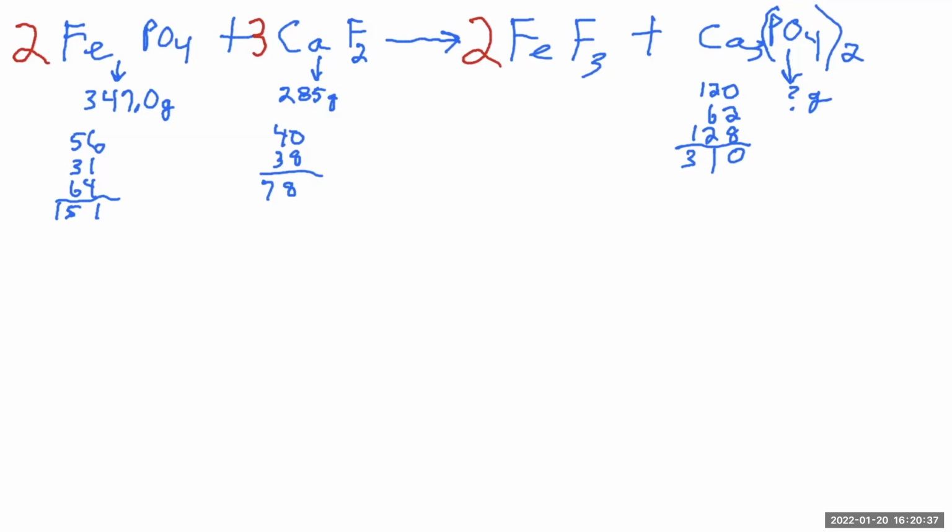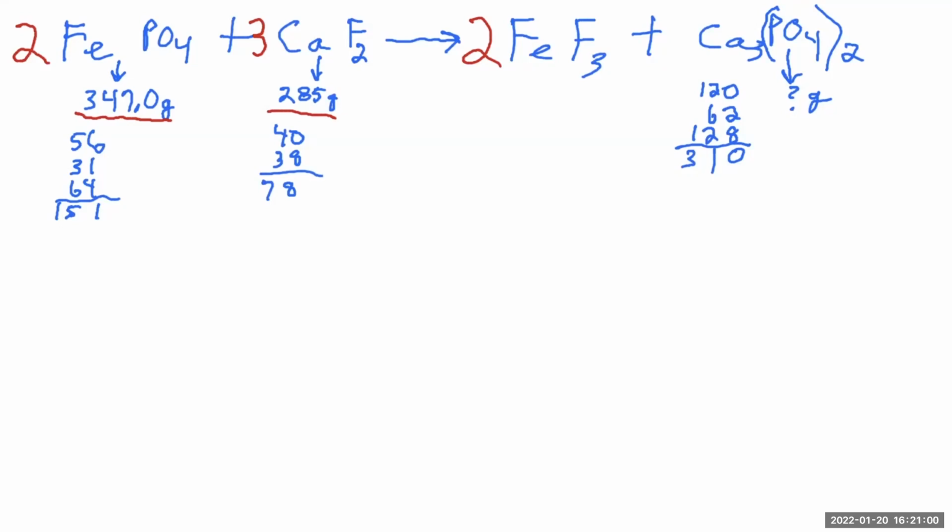Okay, any questions so far? Okay, now because we have a measured amount of iron 3 phosphate and a measured amount of calcium fluoride, one of those is going to run out first. So you have to determine your limiting reagent. In order to do that, we have to convert to moles.